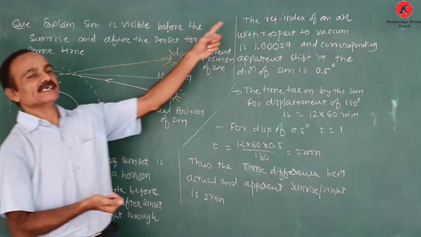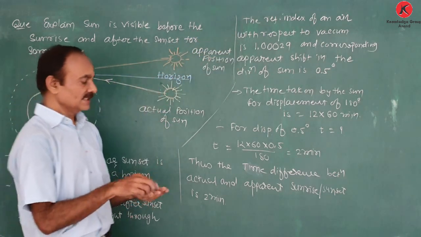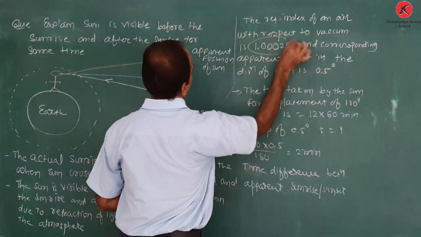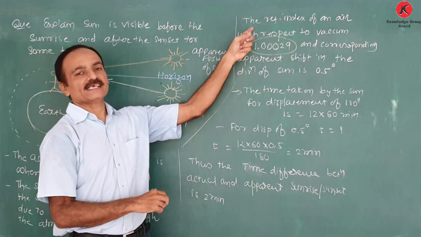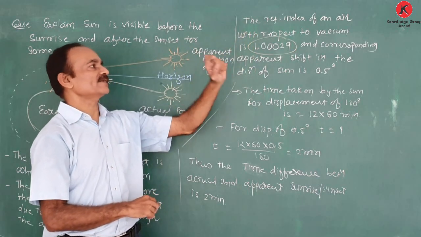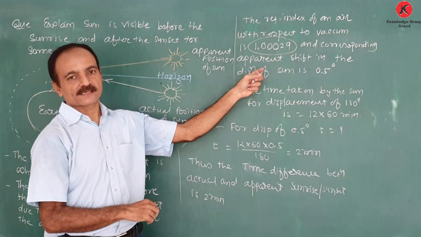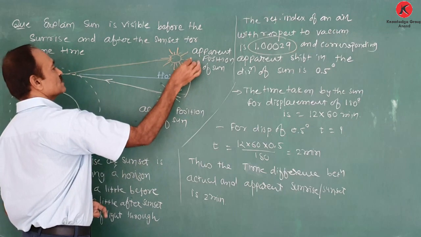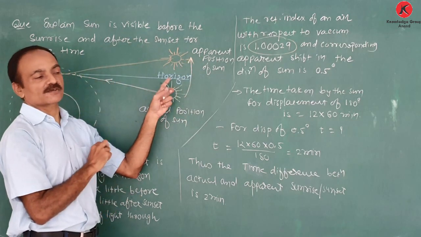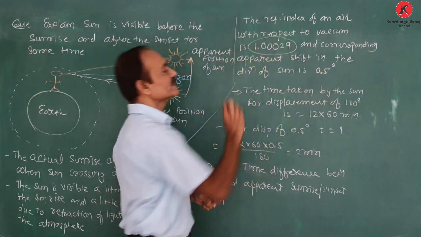The refractive index of the atmosphere with respect to the vacuum is 1.0029. And the corresponding apparent shift in the direction of the sun is 0.5 degree.